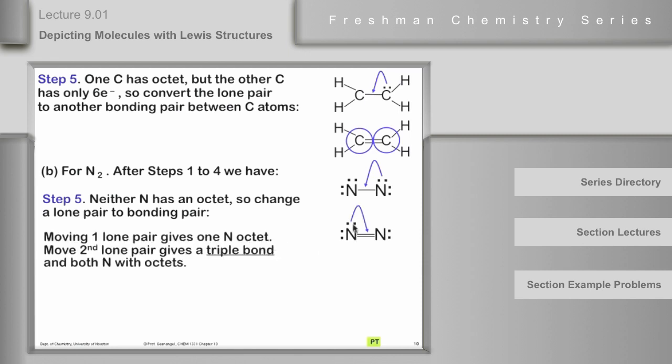So we're going to take another pair of electrons, this time from the other atom, and make a triple bond. And when we do that, each nitrogen has 8 electrons, 2, 4, 6, 8, 2, 4, 6, 8. And in N2, the only way you can get an octet is to make a triple bond.